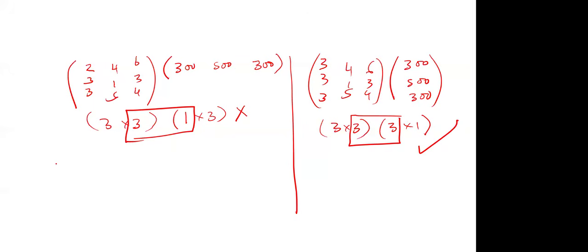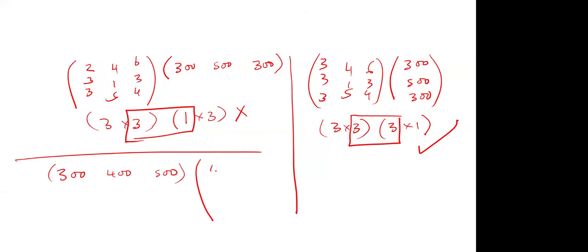Another person, take an example. Someone comes and writes like this, 300, 400, 500. Then he comes here and writes 4, 9, 2, 2. Then you ask yourself first, can those two matrices be multiplied? What is the order of this matrix? This matrix has one row, and how many columns? 1, 2, 3. So the columns are 3.